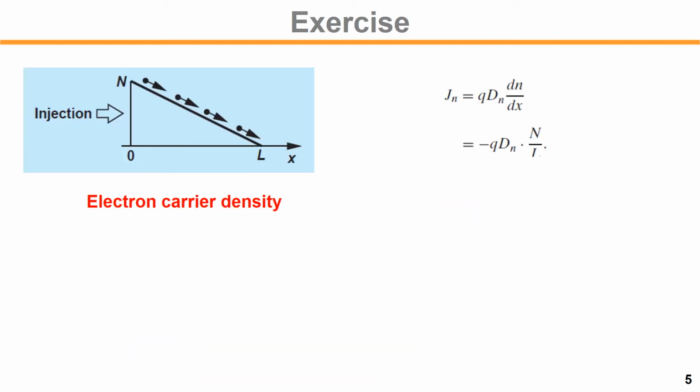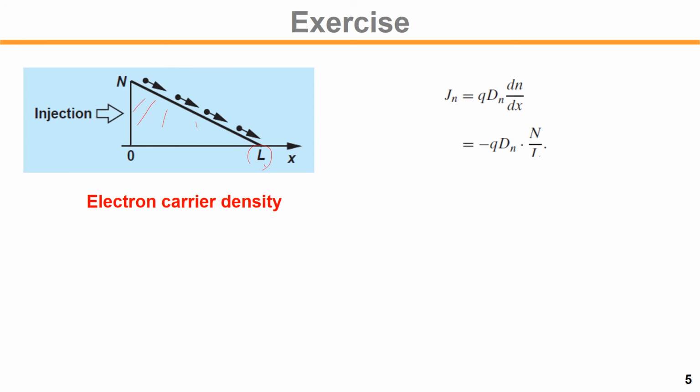Let's do some exercise. For example, inside the semiconductor, we have a linear variation of concentration like this. With the dimension L very small, we can easily approximate the concentration difference as linear like this.